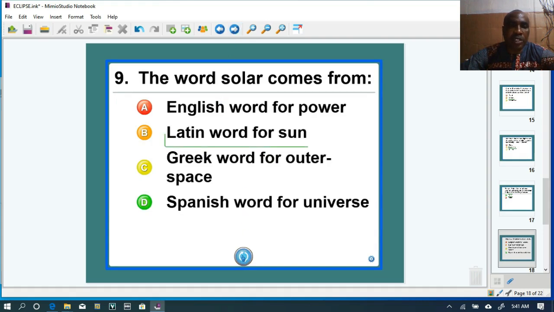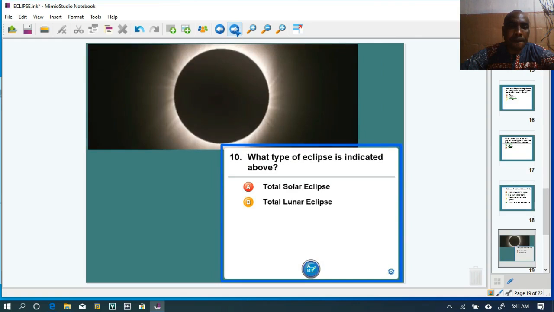The correct option is Latin word for sun. Question number 10. Which type of eclipse is indicated by the diagram? The correct option is option A, total solar eclipse.